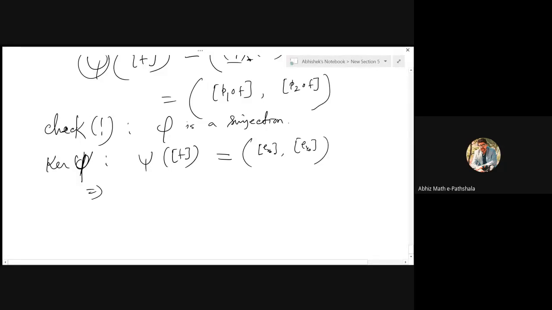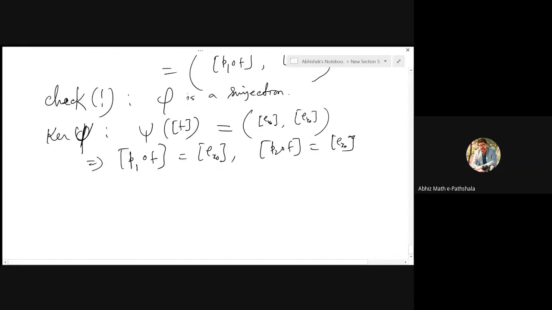And by definition of psi, it is P1 compose F class, which will be equal to class of E X naught, and P2 compose F class, which is equal to class of E Y naught. So that means P1 compose F is homotopic to E X naught. Suppose the homotopy is H, and P2 compose F is homotopic to E Y naught.